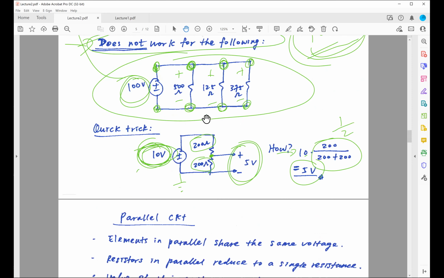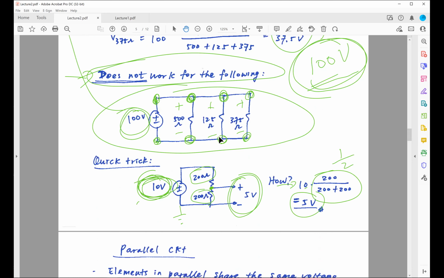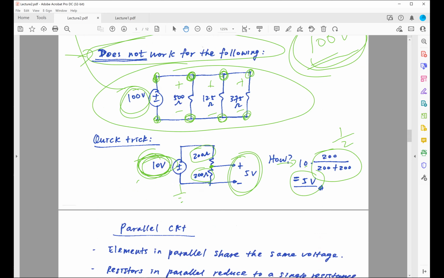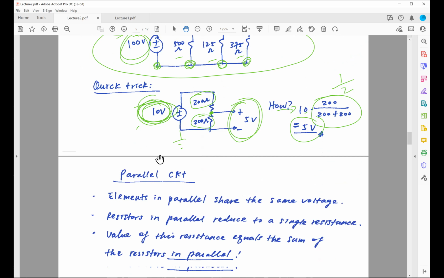Circuits or elements in parallel, 500 ohm, 125, 375, they share the same voltage. Resistors in parallel can also be reduced down to a single resistance, just like series circuits. I can always come up with some equivalent resistance to represent those parallel resistors. The value of this resistance is related to the resistors in parallel.